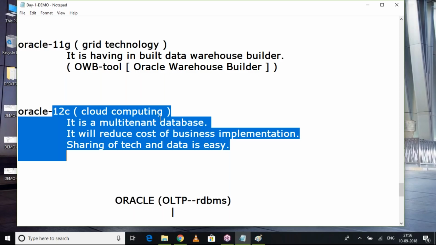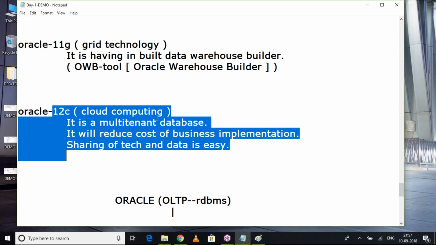Okay. So apart from that, what is Oracle? An RDBMS. Why an RDBMS? To store business data, access data, manage data. Examples of RDBMS: Oracle, SQL Server, DB2, Ingres, Sybase, MySQL, NoSQL, SQLite. All these are called RDBMS examples.